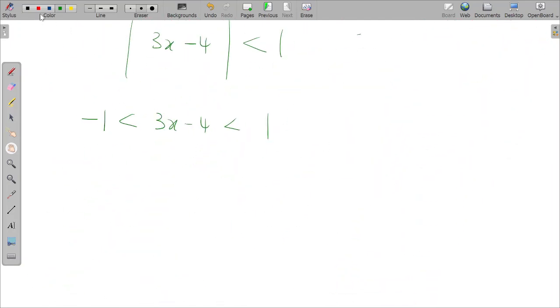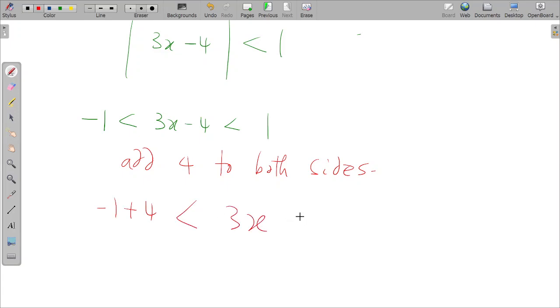Here you can simply solve it the way it is and add 4 to both sides. That will give us negative 1 plus 4, which is 3.